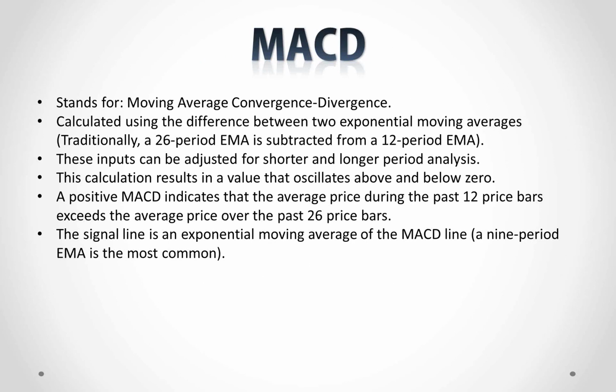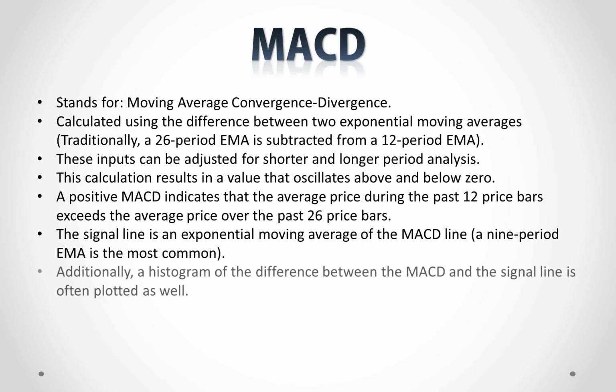And for a more pronounced histogram, she uses 3, 10, and 0. So the slow is going to be 10, the fast is going to be 3, and the signal line is going to be 0. For an example of what those differences look like, go ahead and check out one of her Apple TA charts that she posts.